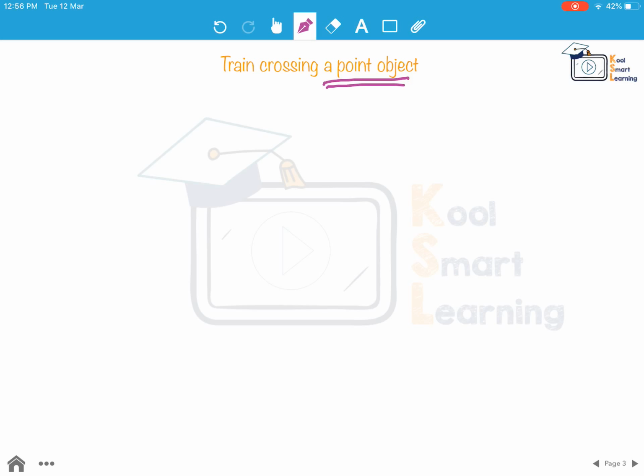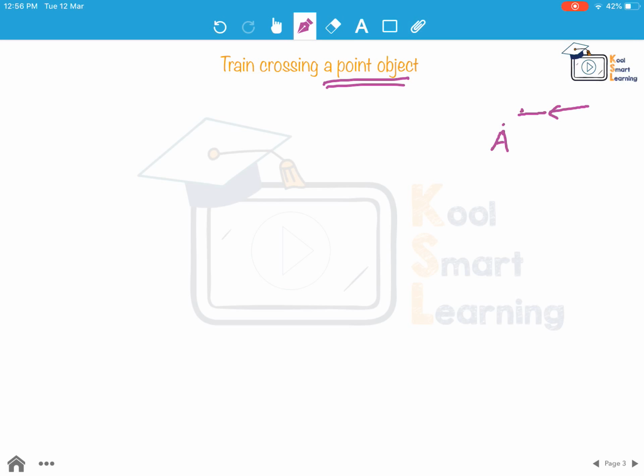So let's assume that this is the point object. This could be a person, tree, pole or anything, some vendor, anything. So this is a point object. Now a train is coming from here.